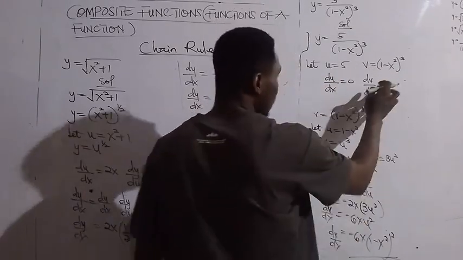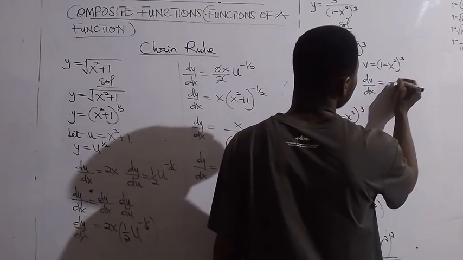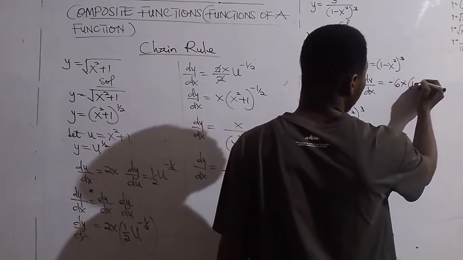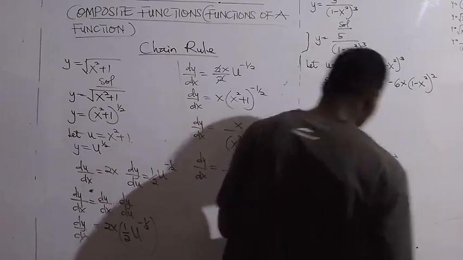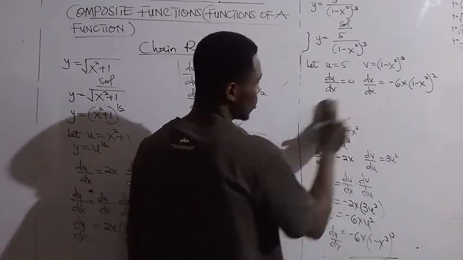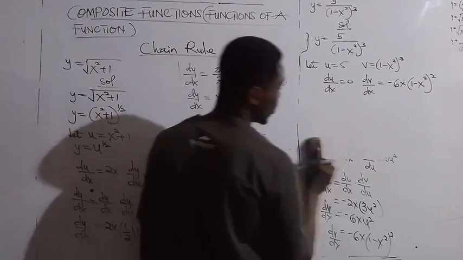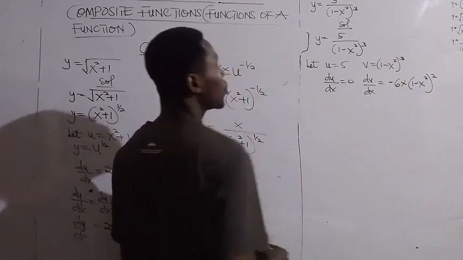So at this place we put this there. So we have negative 6x, 1 minus x squared, all squared. So that is just a side work. So you cancel with that, you can cancel because we need the space to work with. So what do we have now?